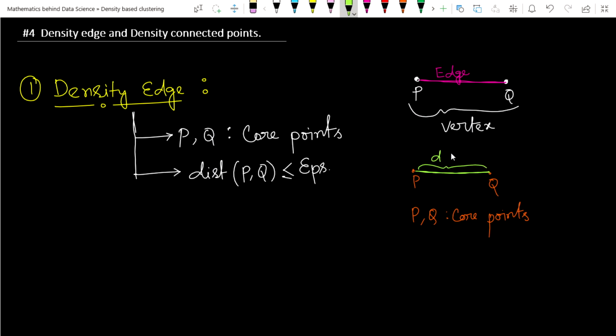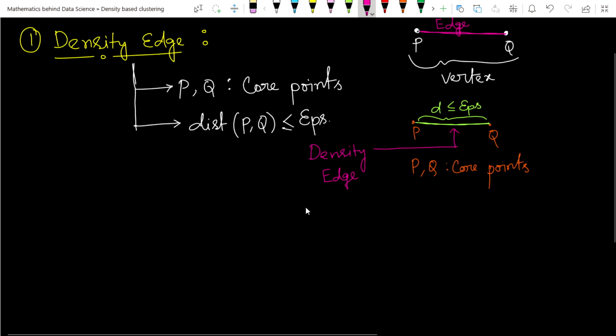If d is less than or equal to the epsilon value, then we call this connection a dense edge, or density edge. I think you got the idea how this terminology is used.